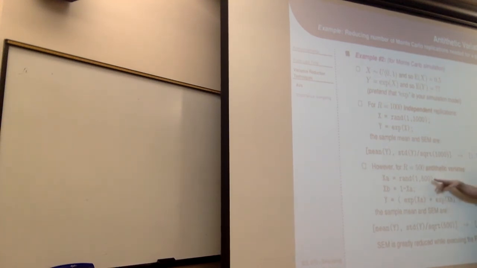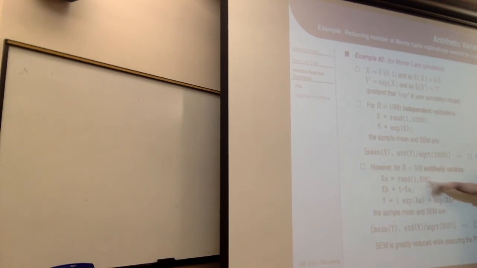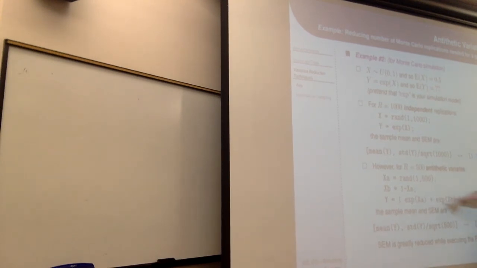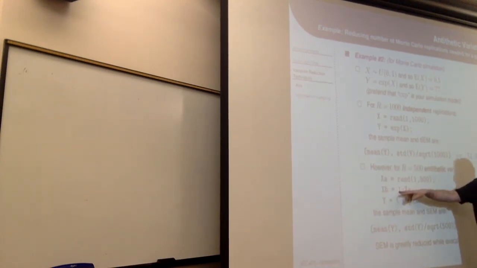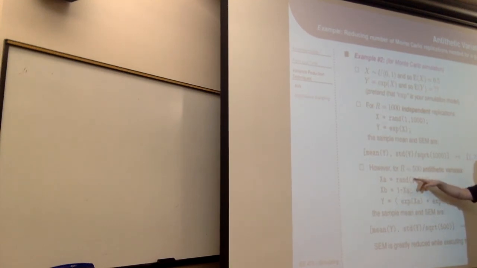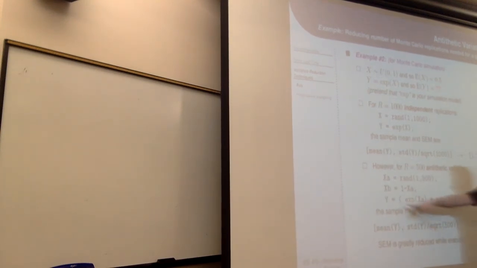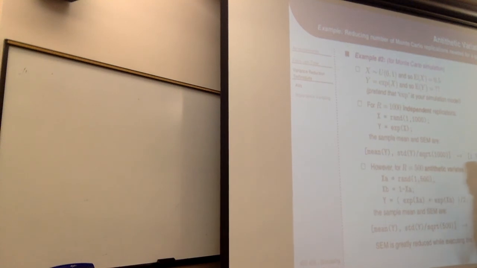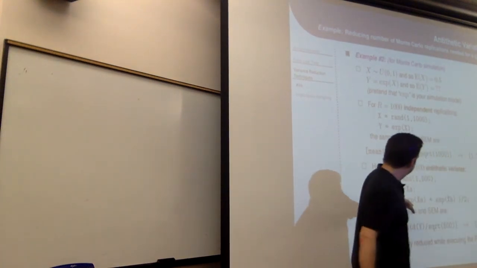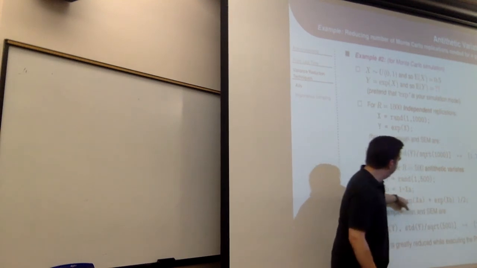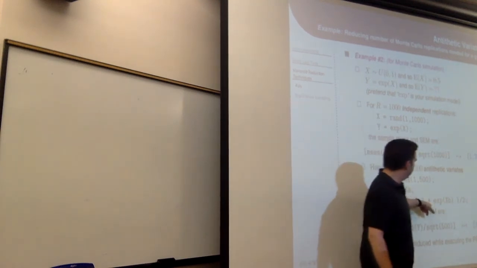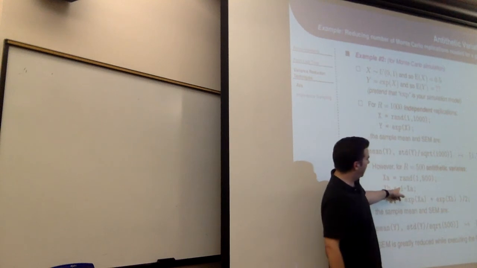So now I only draw 500 uniformly distributed random numbers from 0 to 1. The other 500 I get by just creating complements of those, 1 minus that. Then I create an average where I pair those up together. So my real output of this experiment is the average of the experiment with the random number generated ones and the experiment with the complementary ones.